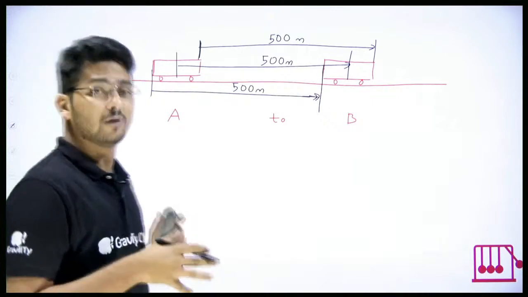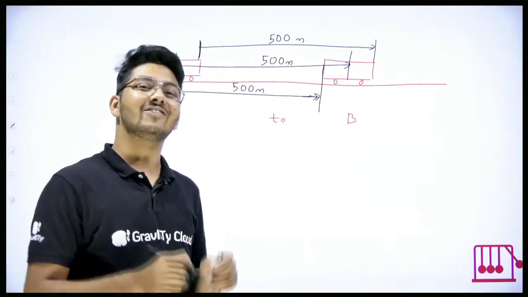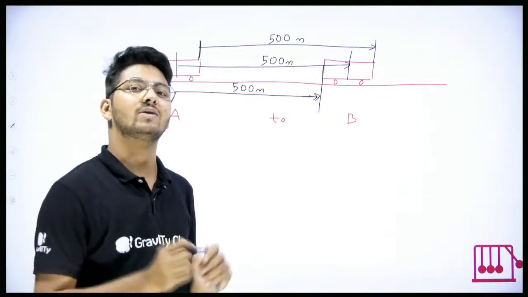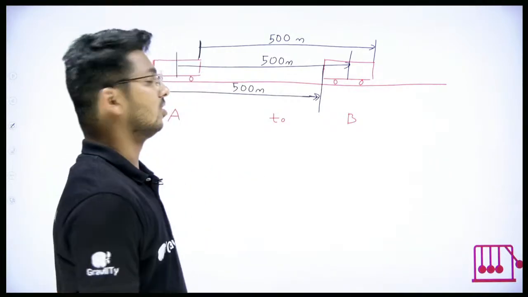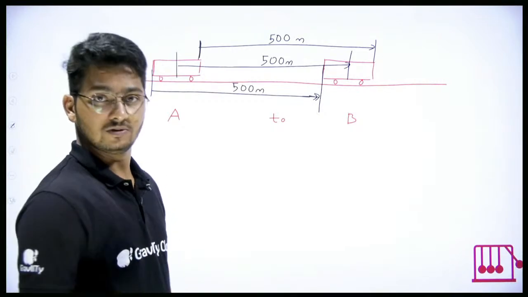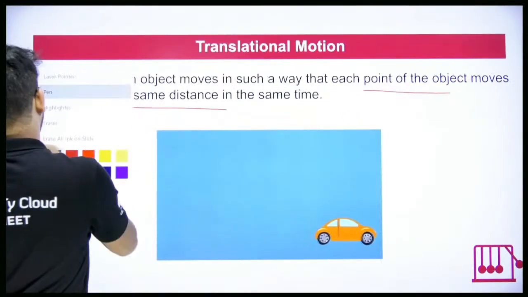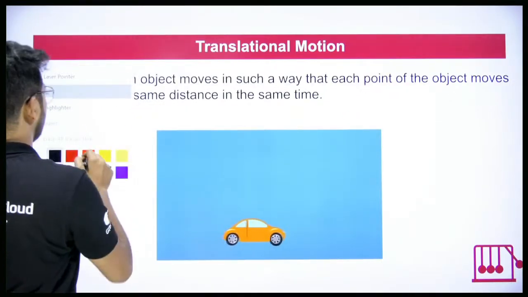So this type of motion, in which every point of the object travels equal distances in equal time, is called translational motion. Look at the definition again.